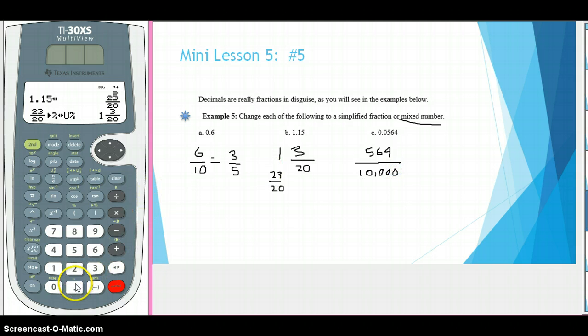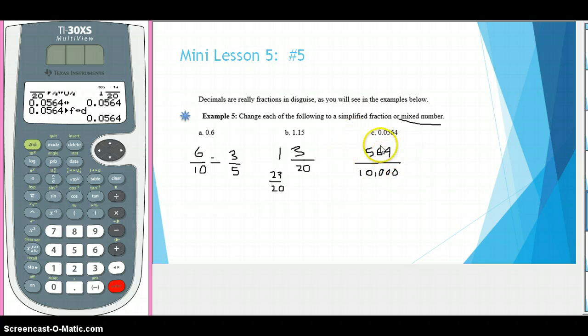Now the problem here is we're going to go ahead and punch this in and see what happens. 0.0564. Ask it to change it to a fraction, and it still has a decimal. I'll try it again, and the calculator refuses. So sometimes when the decimals go out too far, the calculator won't change it to a fraction for you.